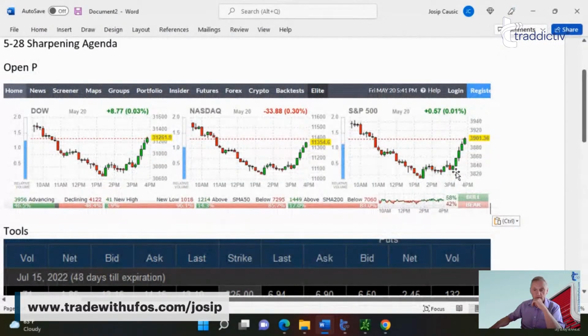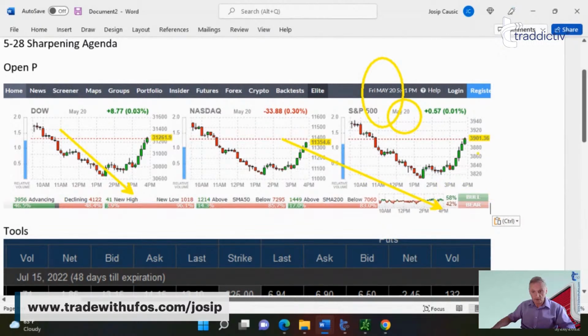And watch this: when did the recovery take place? This is the day under discussion, which is Friday, May 28th. If you're looking right here, it says May 20th. That's the Friday, and we ended up closing flat. The Dow Jones at the time was down close to 400 points. NASDAQ was down quite a bit.